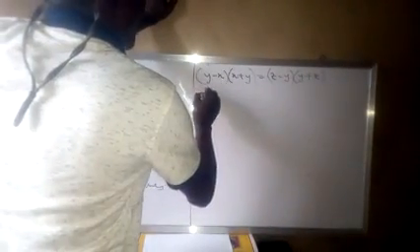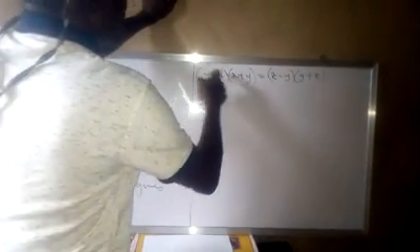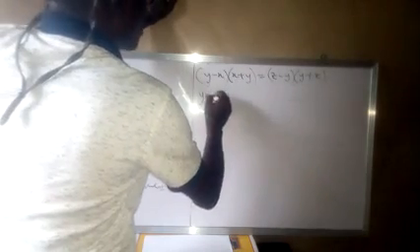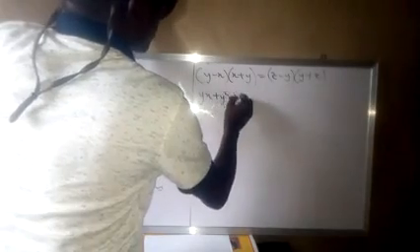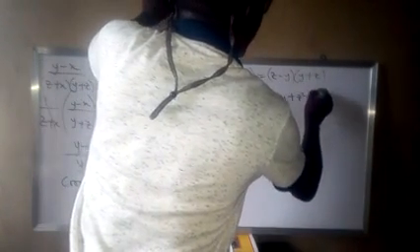By the time we expand this, we have yx, because y times x is yx. Then y times plus y, that's plus y squared. Then minus x times x, minus x squared. Then minus x times plus y, that's minus xy, is equal to z times y, zy, z times plus z squared, minus y times y, minus y squared, minus y times plus z, that's minus zy.